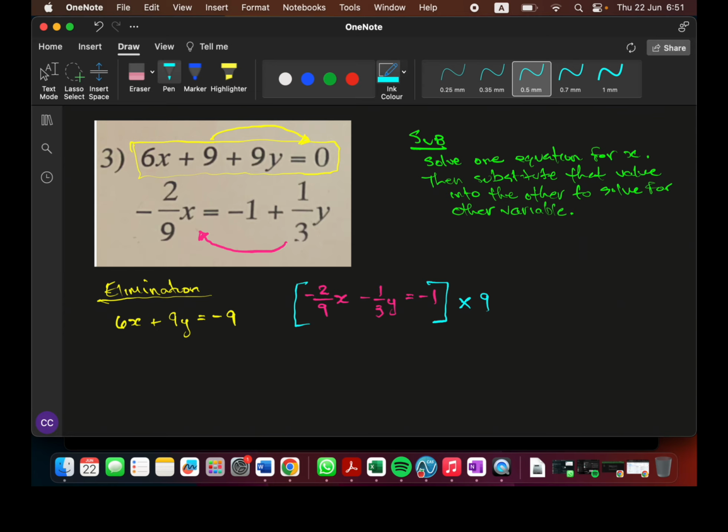If I multiply by 9, this fraction is going to go to -2, whereas this fraction is going to be 9 times 1/3, which is just 3. So what I would end up with after I've multiplied by -9, I get -2x minus 3y equals -9. Okay?